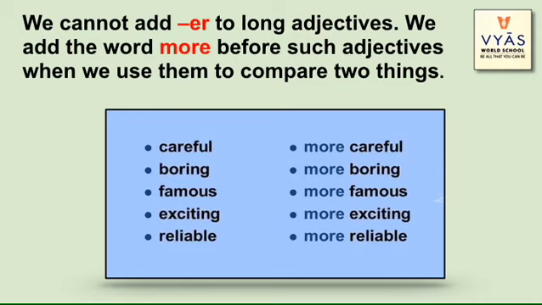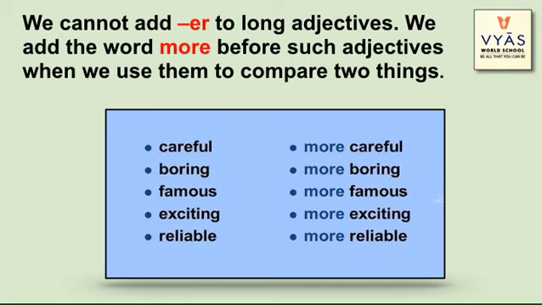So children, there is an exception to the rule here. That exception is that we cannot add ER to long adjectives. We add the word more before such adjectives when we use them to compare two things. For example, adjectives such as careful, boring, famous, exciting, reliable, important, all these are long adjectives.